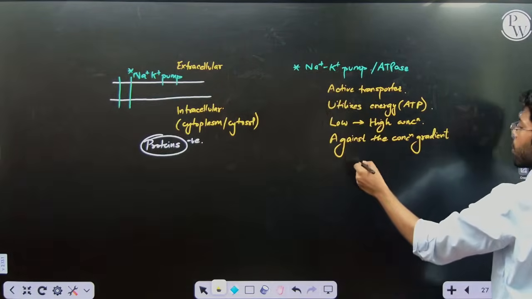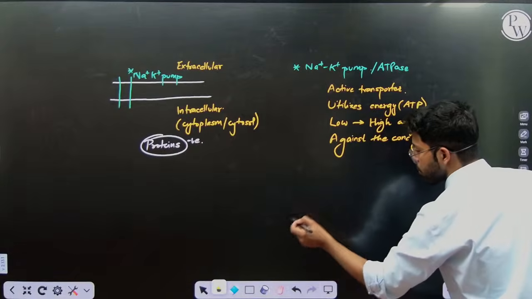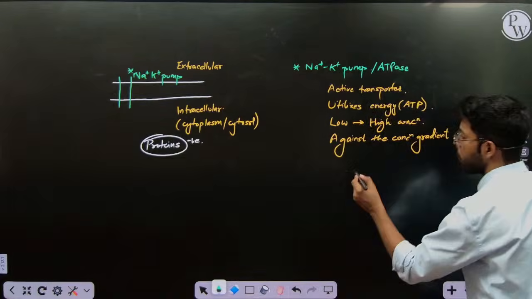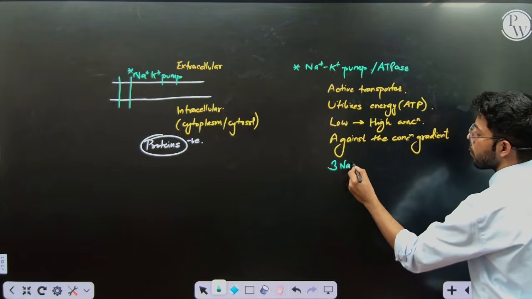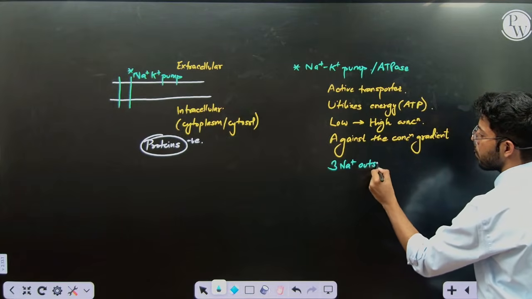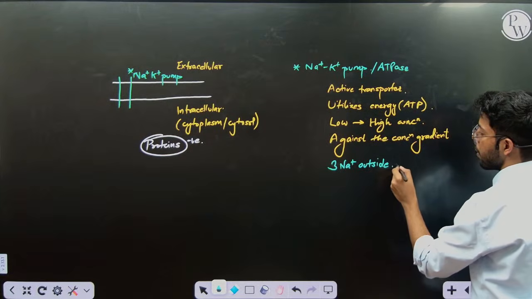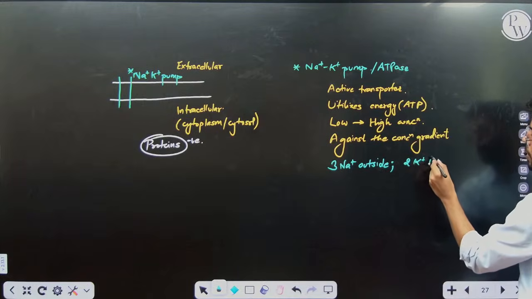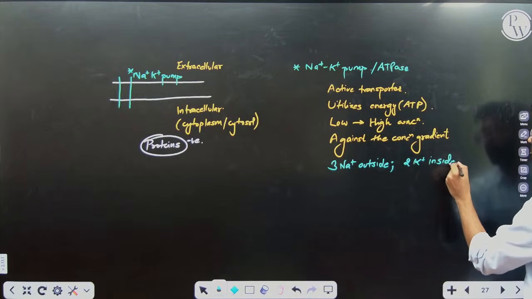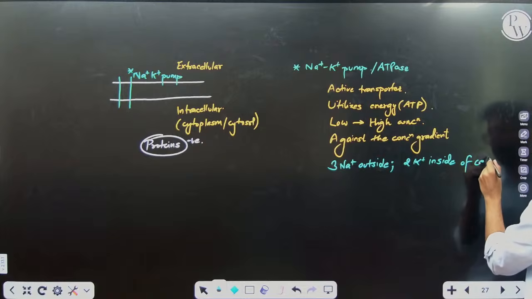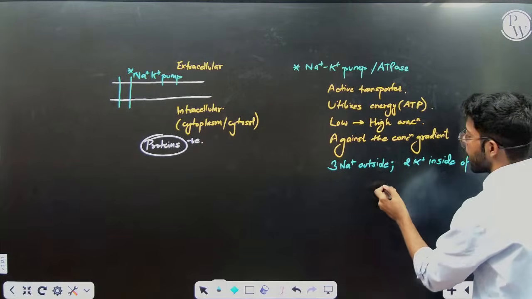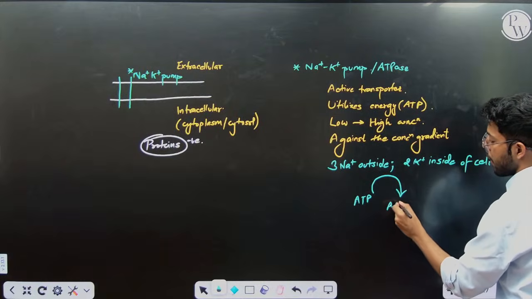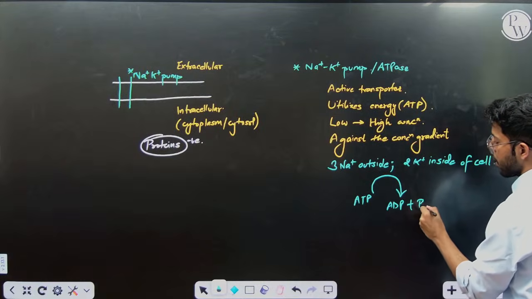The sodium potassium pump always transports 3 sodium outside and 2 potassium inside of the cell by utilizing the ATP, and it forms ADP plus inorganic phosphate.